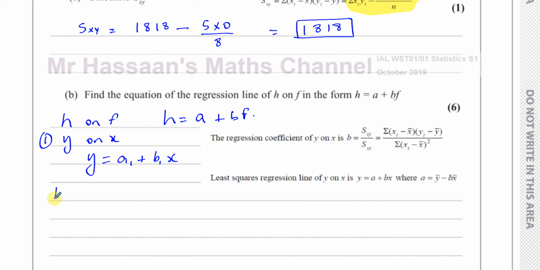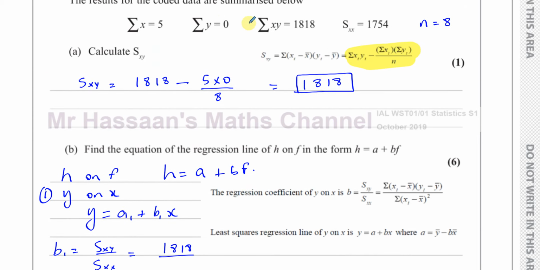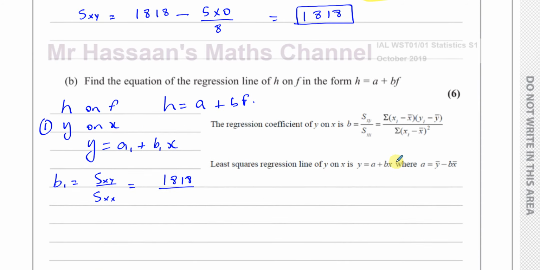So we know that B1 is equal to Sxy over Sxx, as they've told us there. We know Sxy is 1,818, and we know Sxx is given to us already in the question as 1,754.